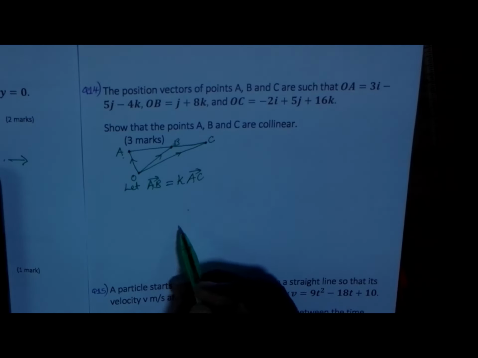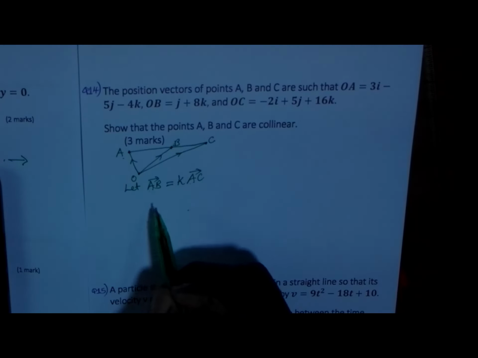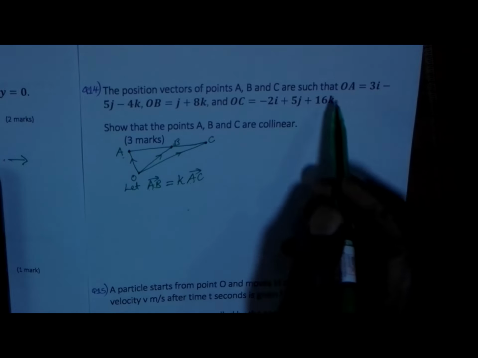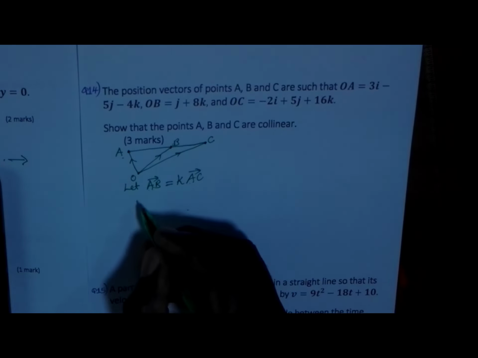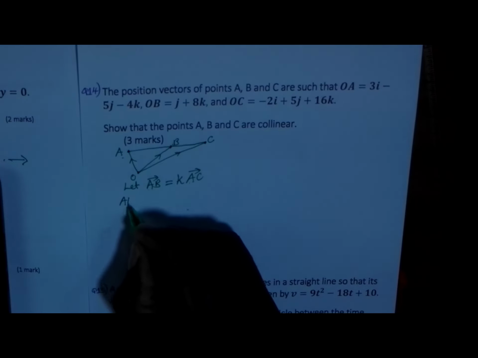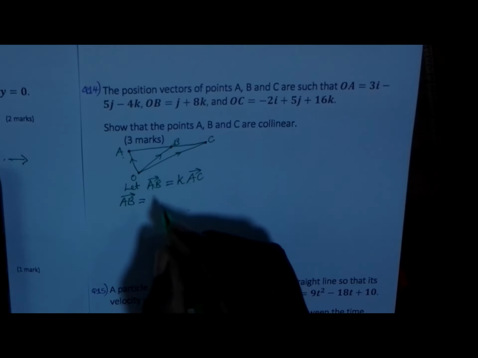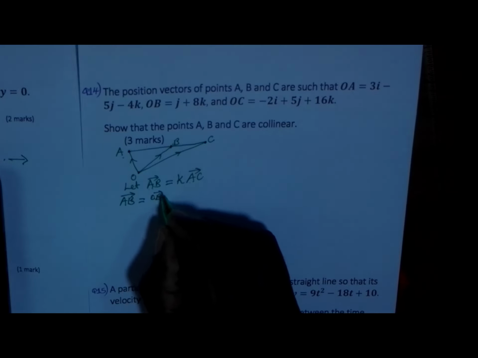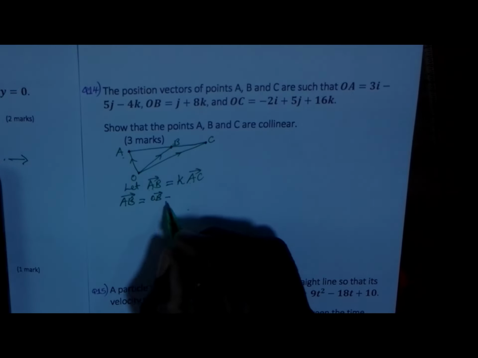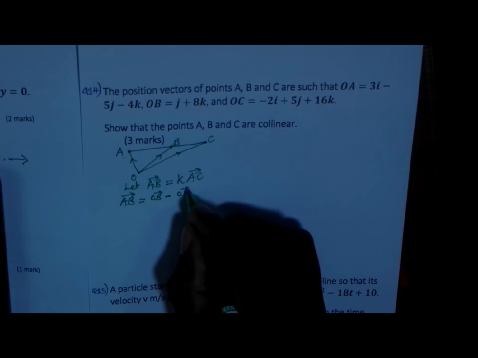So if that is the case, I've taken A as my common point, and let us use whatever we have been given. We start with the AB vector. Since we have been given the position vectors, we start with OB vector minus OA vector.